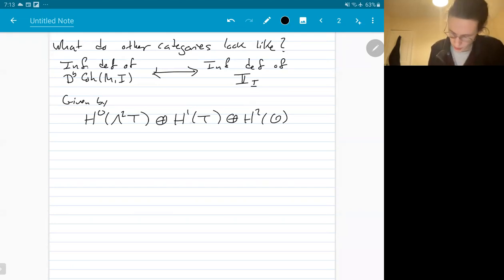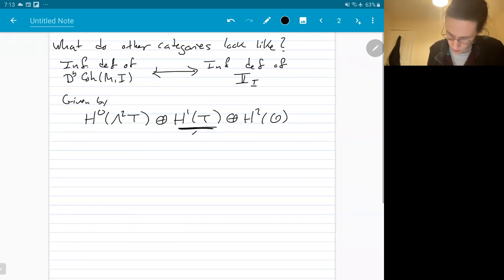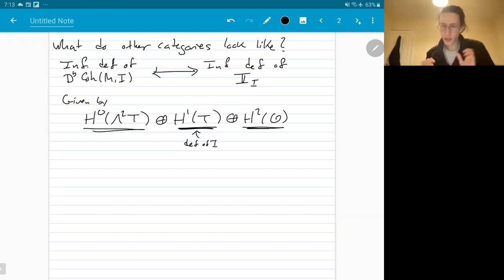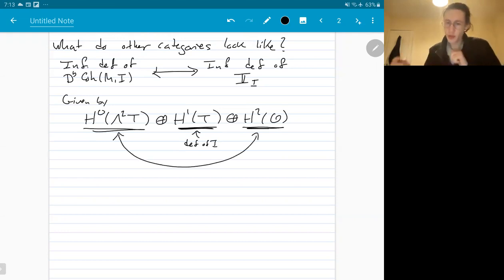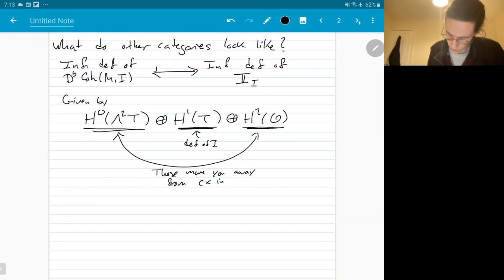So these ones here correspond to the actual deformations of the complex structure. But the other ones on the outside correspond to deformations that move you away from complex into more general GC.